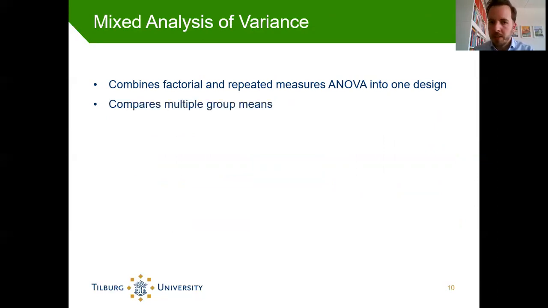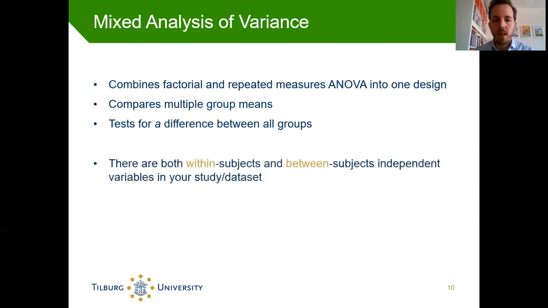So again, it compares multiple group means as for all the other ANOVAs. And again, it tests for a difference between the groups. Is there any difference between groups? But in this case, in your experiment, in your study, there are both within subjects variables and also between subjects variables, one or more.